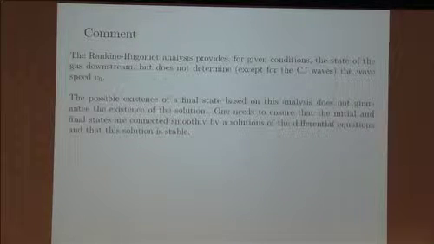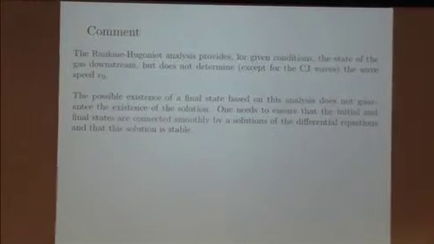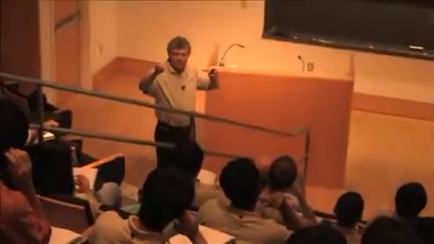The possible existence of a final state based on the analysis that we have just gone through does not guarantee the existence of a solution. All that we have done is say, well, there is one equilibrium, another equilibrium. But those two equilibria need to be connected, and they need to be connected via the conservation law. Namely, we have to solve the differential equation that connects one state to another. We didn't do that.